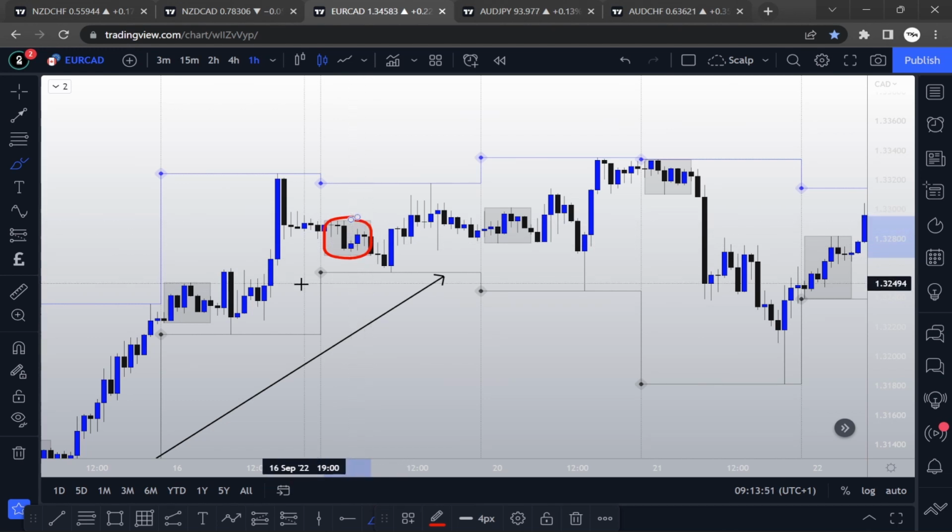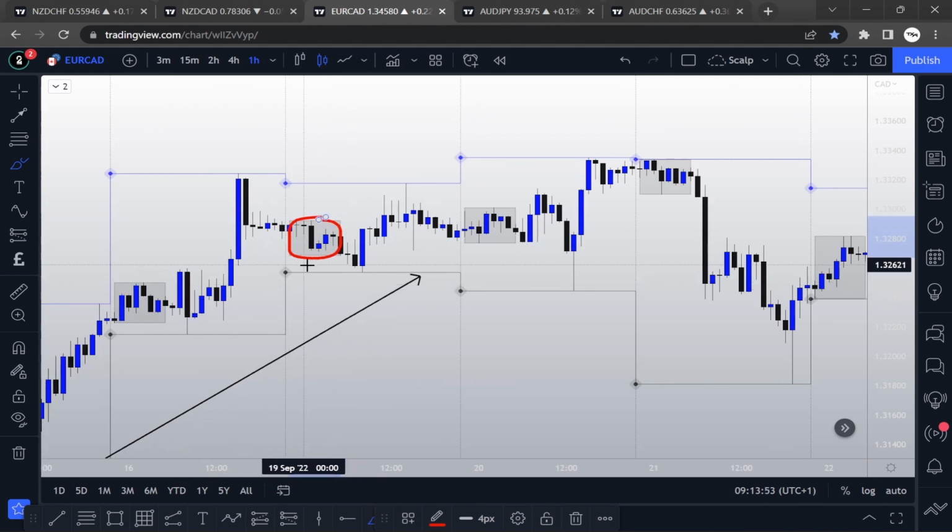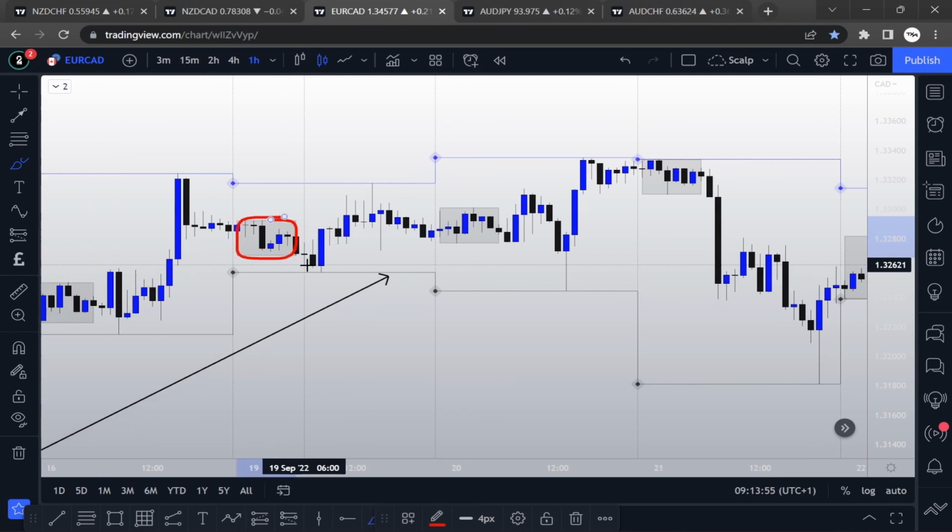So what happens during the London session? Now let's not forget, Asia highs and Asia lows, the price usually consolidates, contracts, low volume. Above and below the Asia session, there are people who place their stop losses.